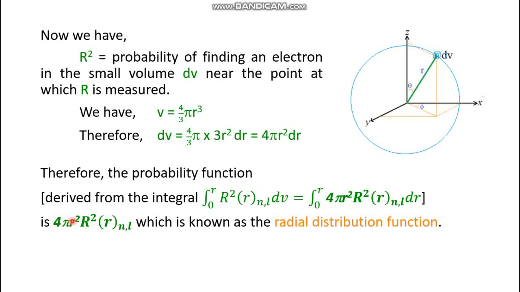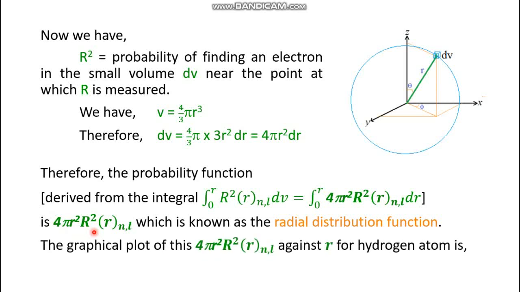So what is the radial distribution function? This one: 4 pi r square, then the square of the r function. And now the graphical plot, as I have said here, proceeds from this point further outside this origin.